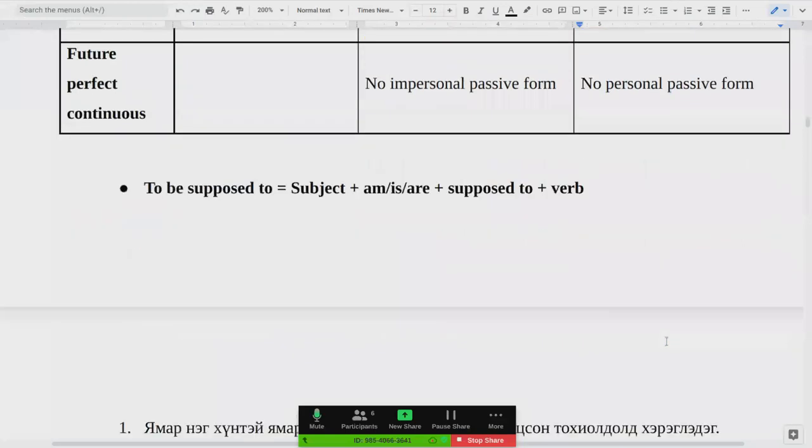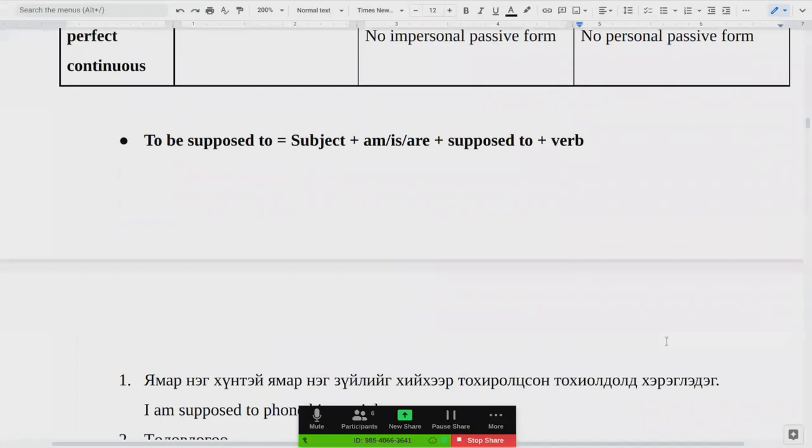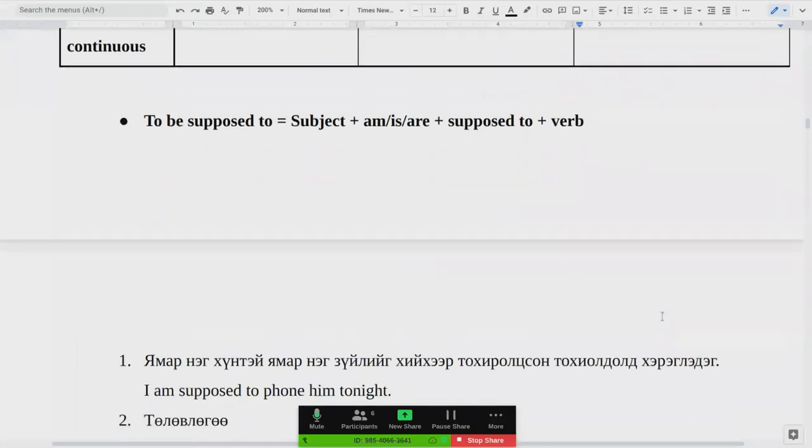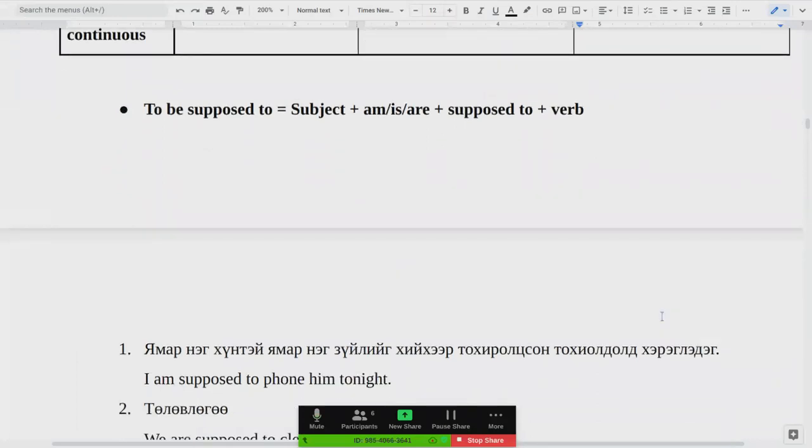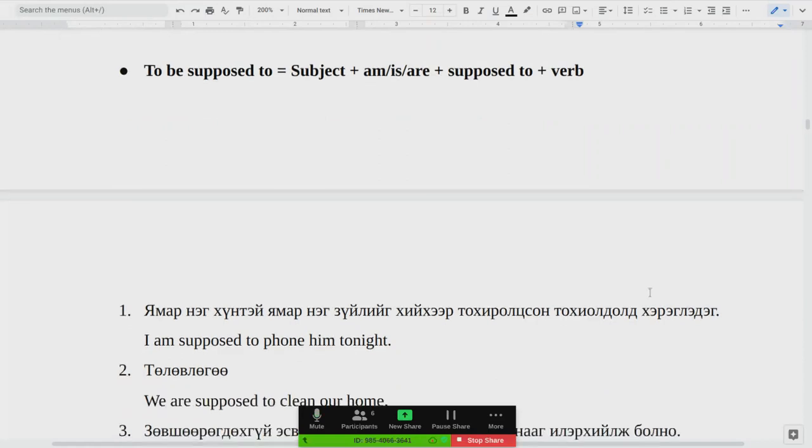The to be supposed to and subject plus are supposed to үндсэн үйл үгийн тайлбарыг харцгаая. За to be supposed to ямар нэг хүнтэй ямар нэг зүйлийг хийхээр тохиролцсон тохиолдолд нэгдүгээрт хэрэглэгддэг. Эзэн биеийн араас to be аваад supposed to үндсэн үйл үг шууд орж ирнэ.